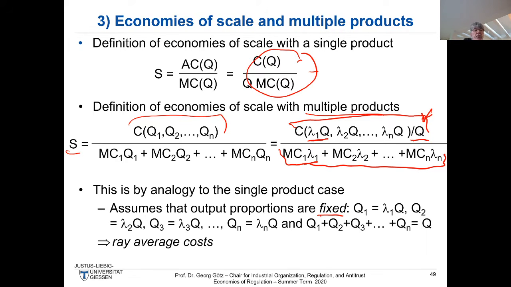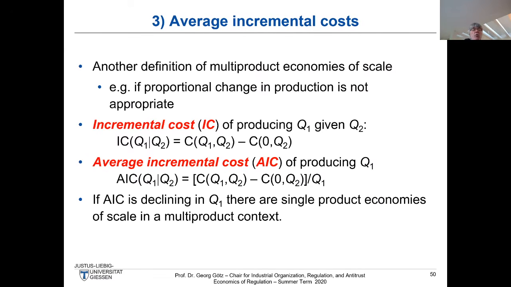Because we now turn to a second way to define multi-product economies of scale, namely incremental cost or average incremental cost. So the point is, in certain instances, it might not be appropriate to look into proportional changes in output. For instance, in the notes I gave an example of Volkswagen again.